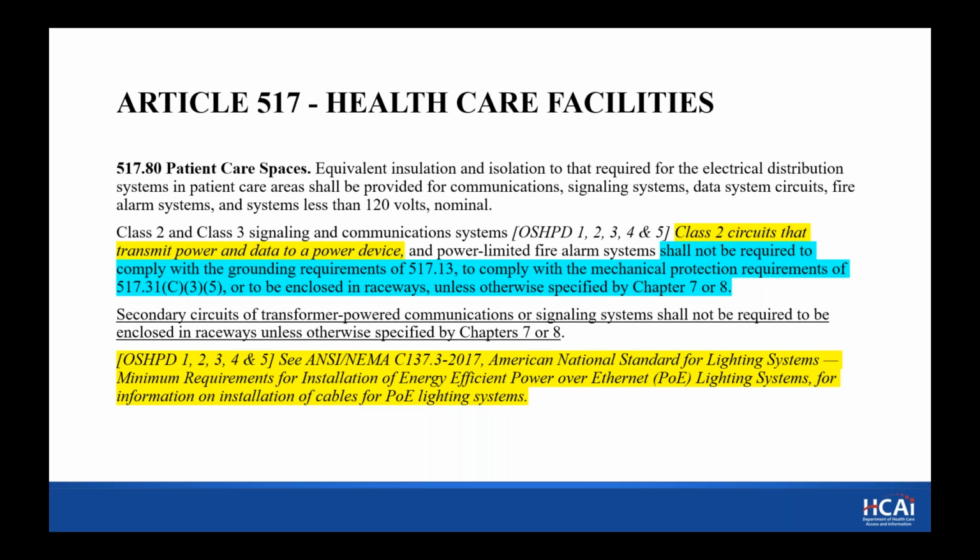Thank you. For OSHPD 1 facilities, the lighting switch low voltage that has multiple switch legs for normal and emergency power has to be separated per power source? Correct. Yeah, Article 700 is pretty clear.